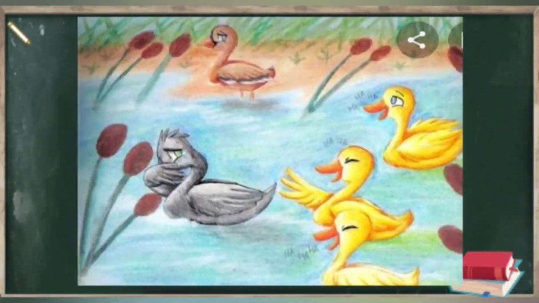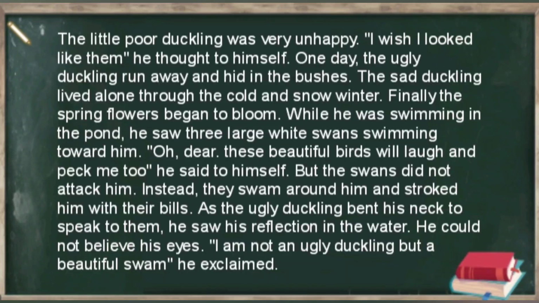And finally, the spring flowers began to bloom. While he was swimming in the pond, he saw 3 large white swans swimming toward him. "Oh dear, these beautiful birds will hate and peck me too," he said to himself. But the swans did not attack him.